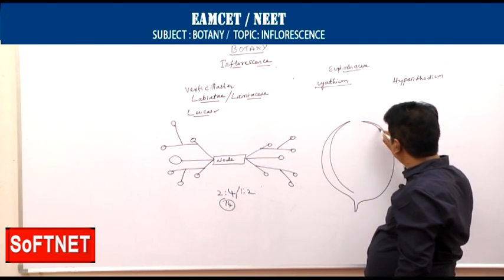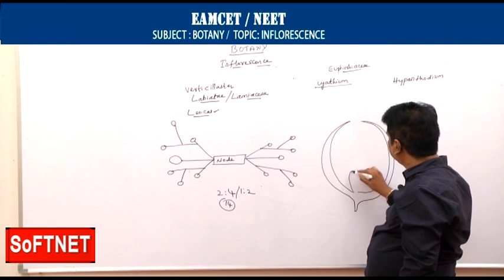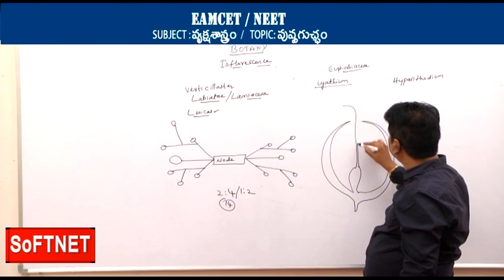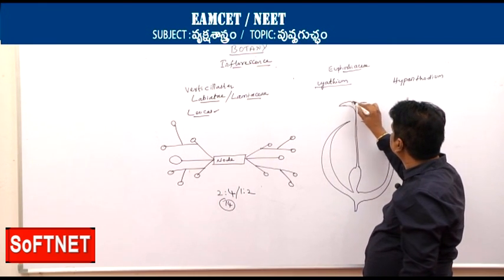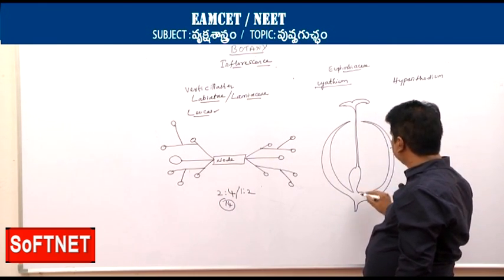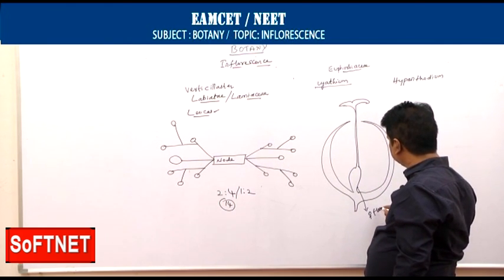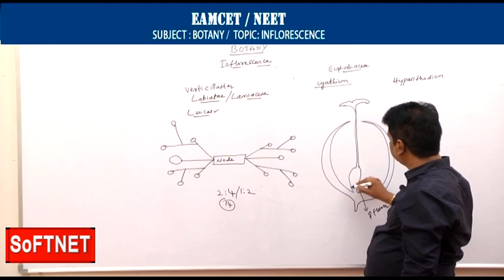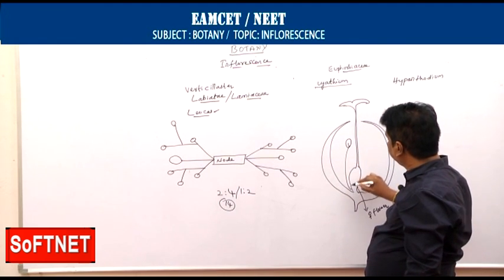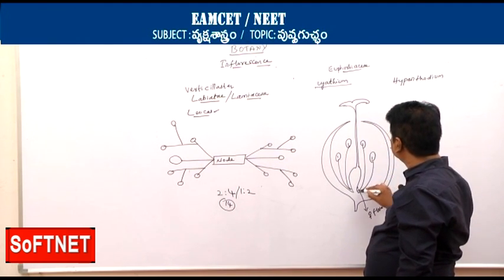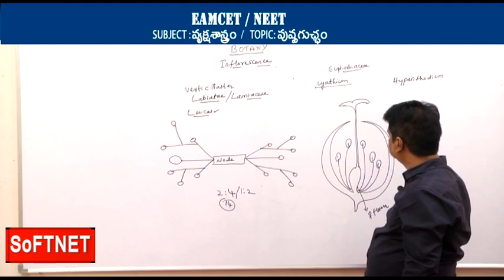At the center of the cup there is a single female flower. This single female flower is surrounded by many male flowers, and the arrangement of male flowers is scorpioid.